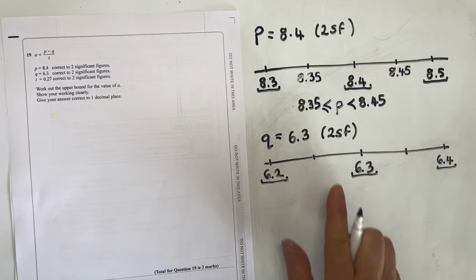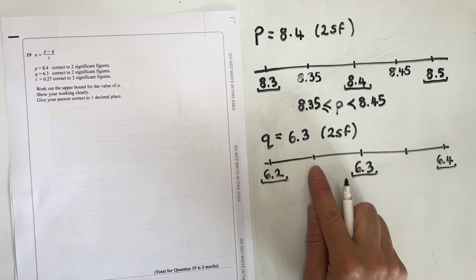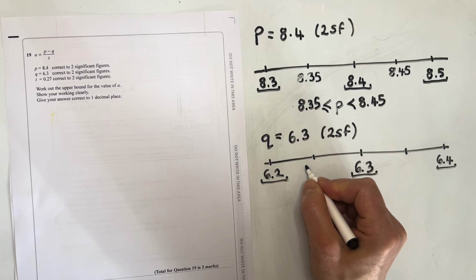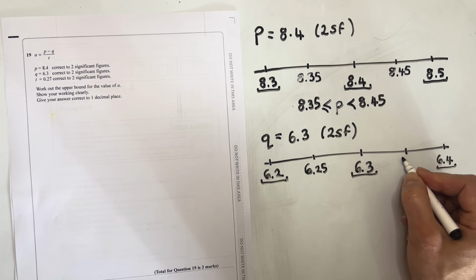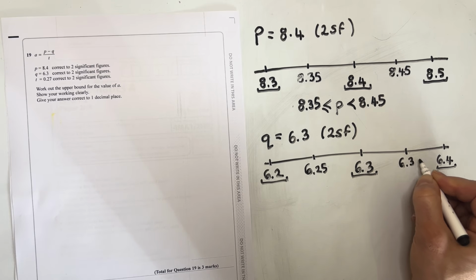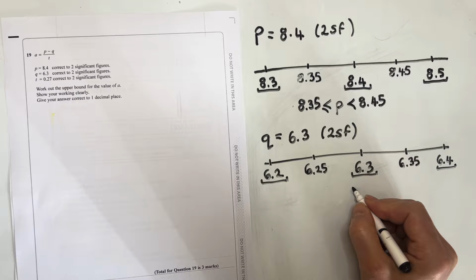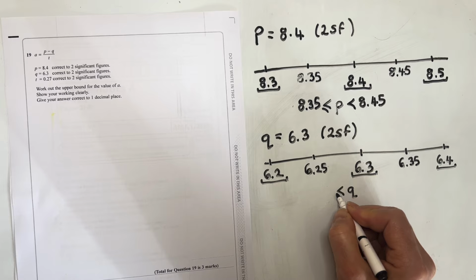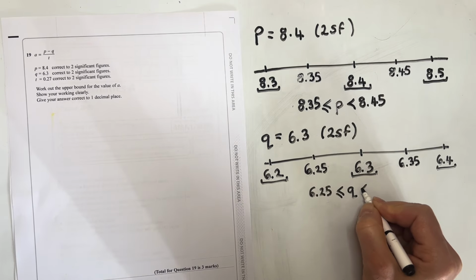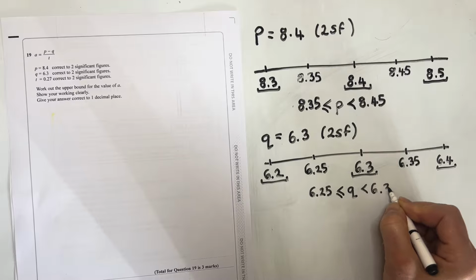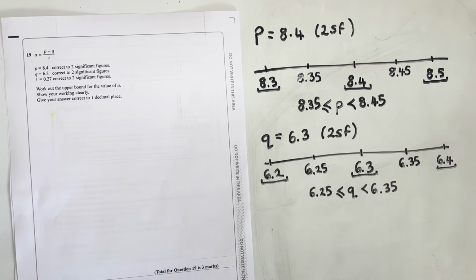So my lower and upper bounds are these midpoints. Which means Q is greater than or equal to 6.25 and strictly less than 6.35.